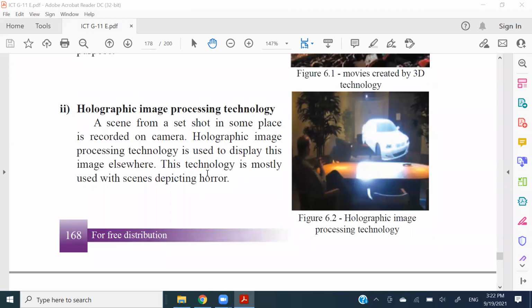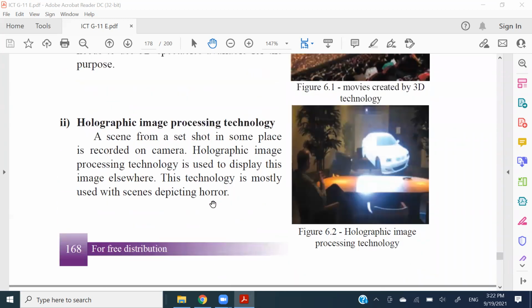And again, holographic image processing technology. This is something still new. Have I shown you the hologram video, like how the objects are being made? No? Okay, I'll show you one. I've got some videos regarding that.